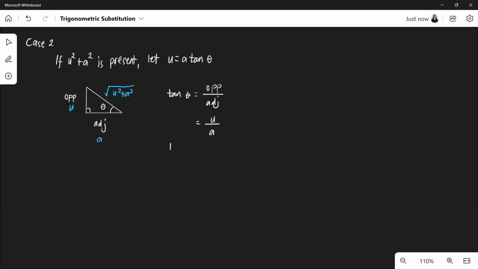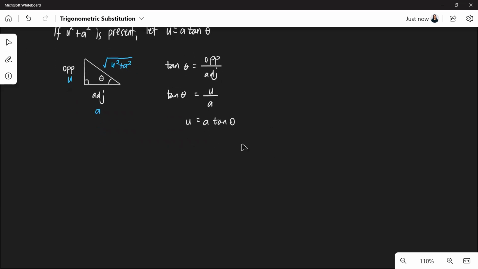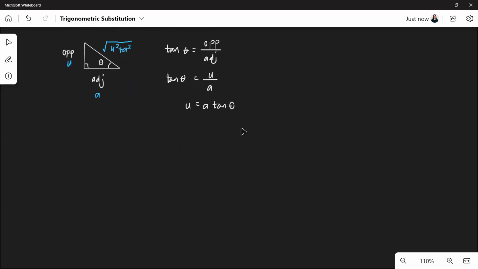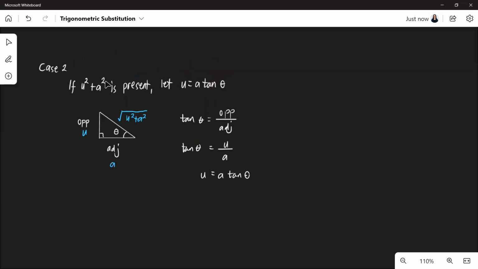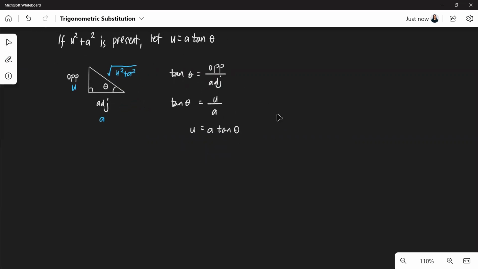So that's tangent theta, and therefore u is equal to a times tangent theta. If you cannot recall, you can draw the right triangle, then analyze the relationships of the sides of the right triangle so that you can make this substitution equation, just in case you cannot recall it right away.